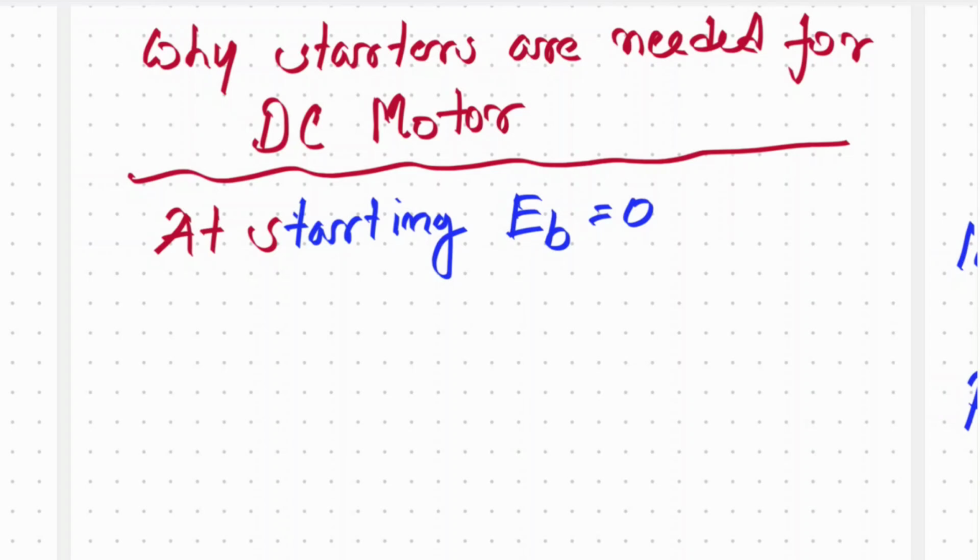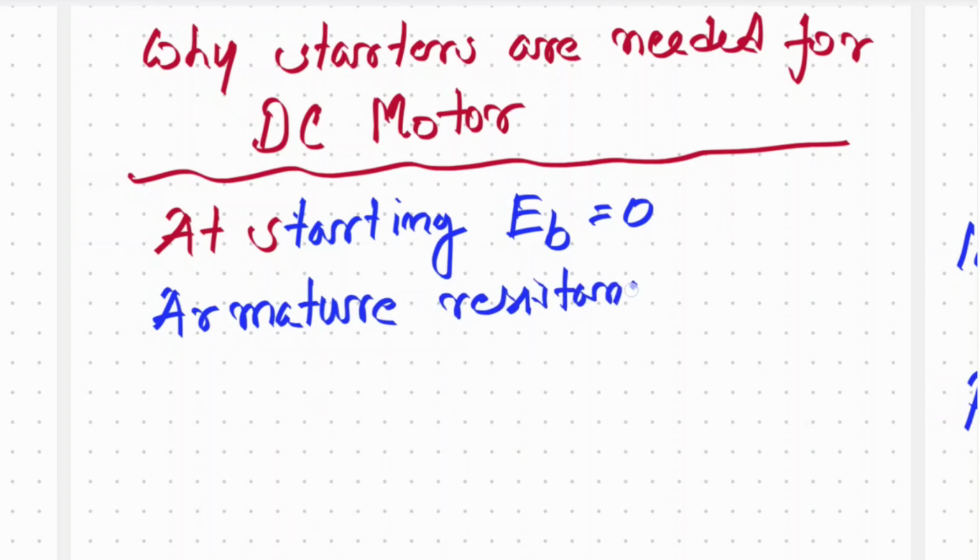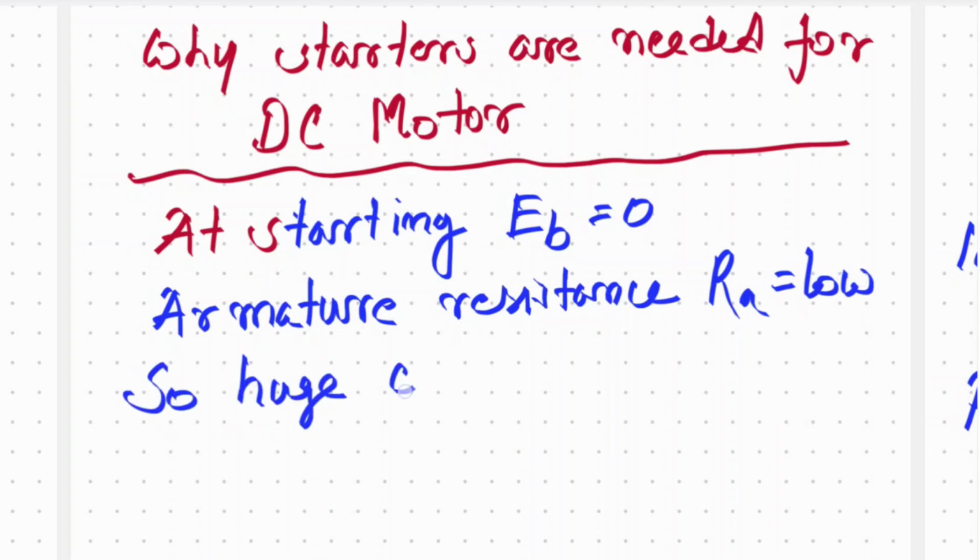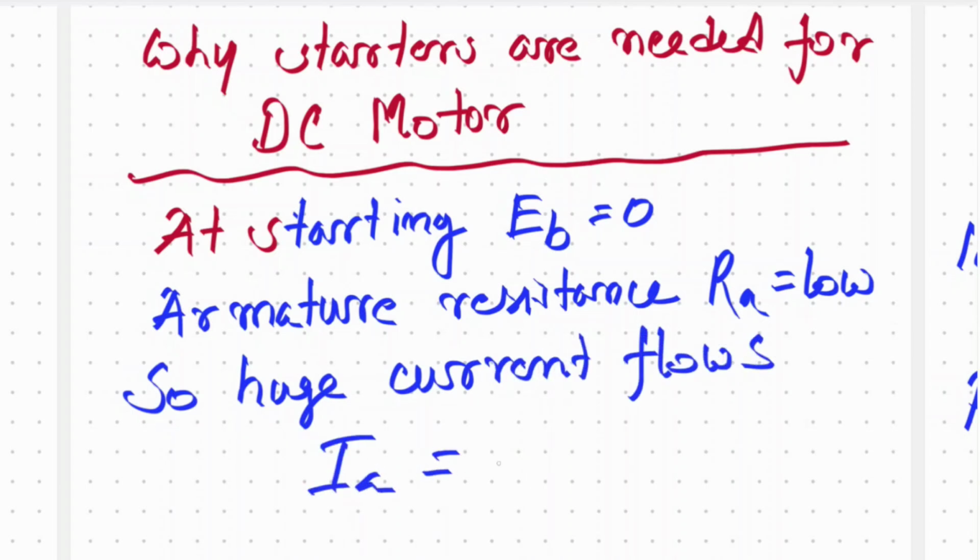So the armature resistance RA is very low, so a huge current flows, as Ia is equal to V by Ra. If Ra is low, then the current will increase.